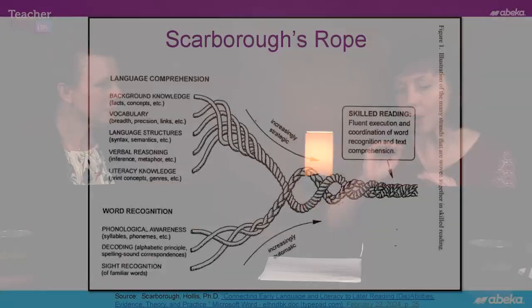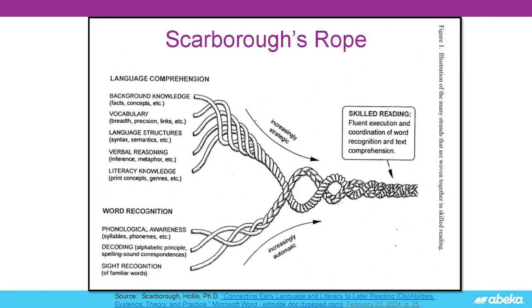So with that idea of Scarborough's rope saying part of reading has to do with word recognition, being able to read a word, the other part having to do with language comprehension, this third element, fluency, really is kind of the transition. I kind of see fluency, to be fluent and expressive, you need comprehension, but also to be fluent, you need that word recognition.